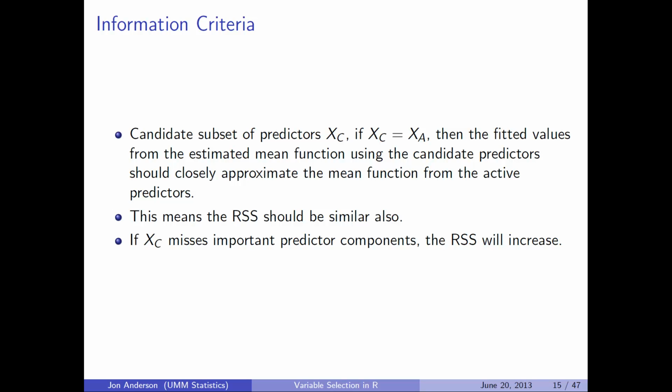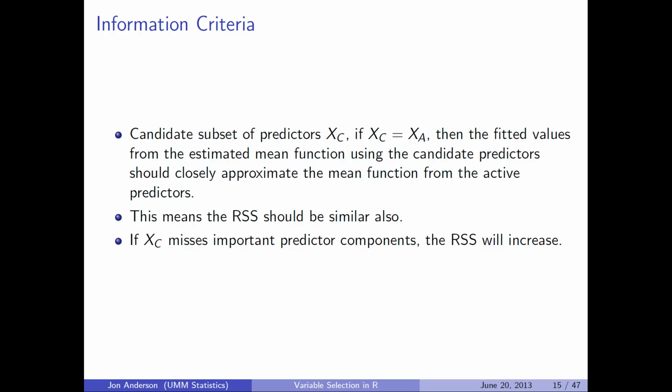And let's suppose the particular predictor set we're thinking about happens to be all of the active predictors. What we would find in that case is that the candidate set would have predicted values and mean functions very close to what we would get from the active predictors.